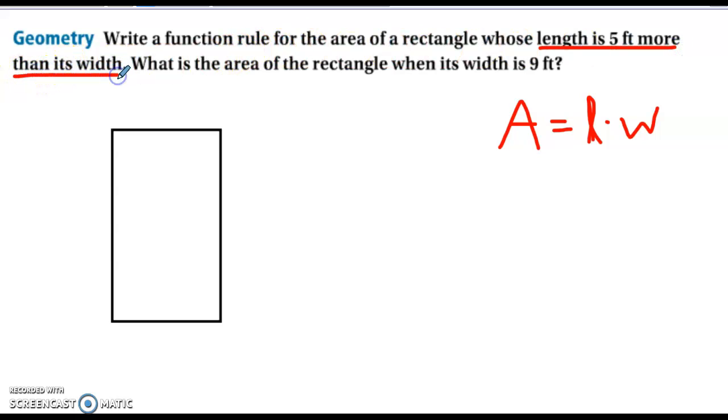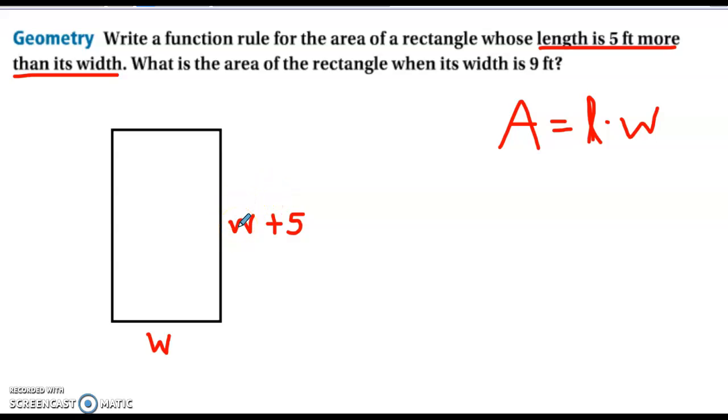We don't know what the width is, so the width would be W, and the length is 5 feet more than the width. Adding 5 to the width, the length is W plus 5.